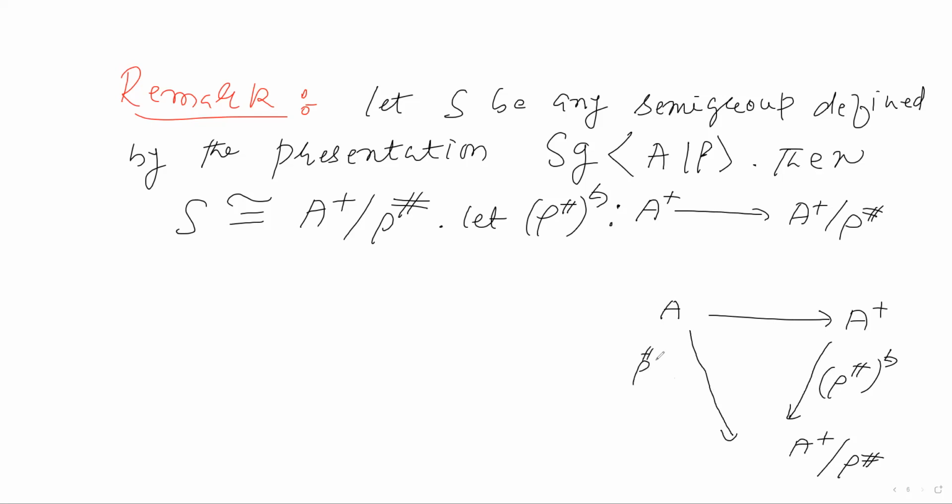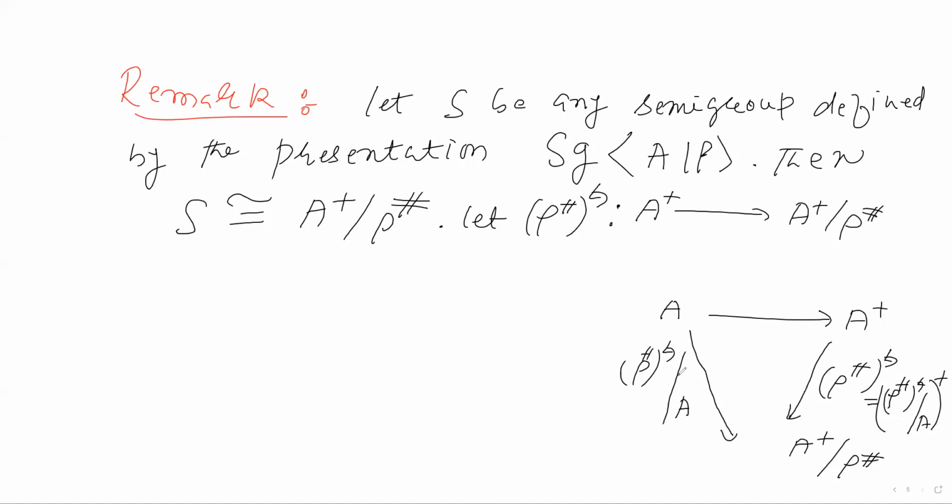So in other words, you can say that this rho sharp natural is nothing but rho sharp natural restricted on A plus, because this is what our notation is.